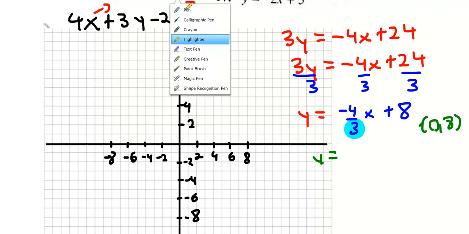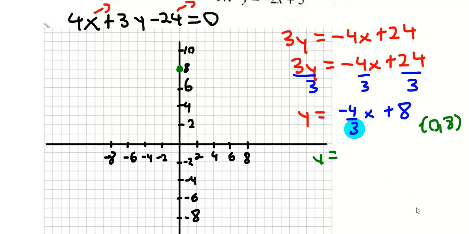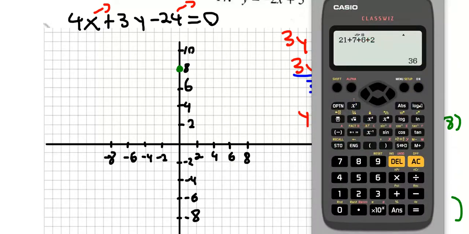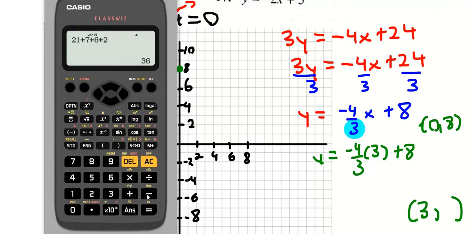Now what happens when you choose x to be 3? You're talking about the x value being 3, and you're going to need to find out what the y value is. So what are you going to do? Minus 4 over 3 times 3, and then plus 8, isn't it? Go to your calculator. Let the calculator do all the work for you.